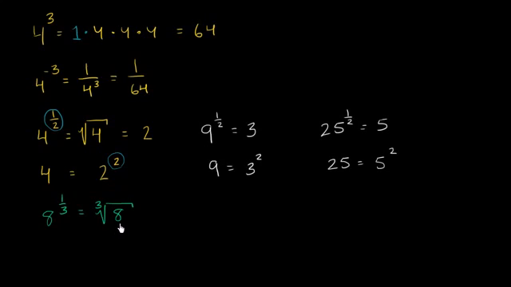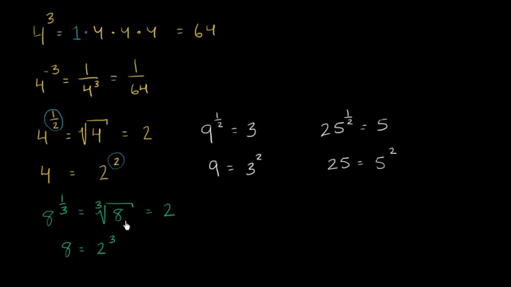So something times something times something is 8. Well, we already know that 8 is equal to 2 to the 3rd power. So the cube root of 8, or 8 to the 1/3, is just going to be equal to 2. This says, hey, give me the number that if I say that number times that number times that number, I'm going to get 8. Well, that number is 2, because 2 to the 3rd power is 8.